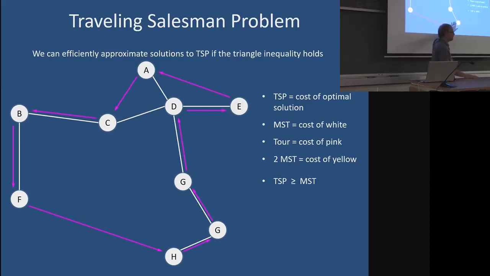Suppose I take this pink edge out. What I have left is a spanning tree. Everything's connected together. That spanning tree has to be greater than or equal to the minimum spanning tree. And then to obtain the cycle, I'm actually adding an edge back. That's not going to make it smaller, it's going to make it bigger. So the triangle inequality doesn't help us there. This is going to be greater than MST. And as a result, it's also greater than or equal to.